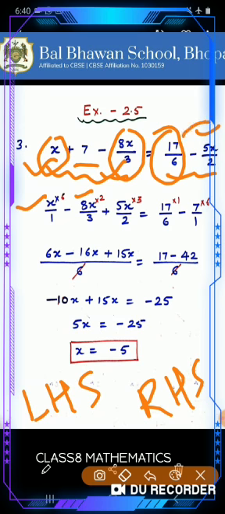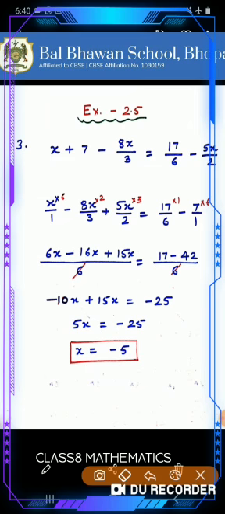And the variable term on the right hand side will be transposed to the left hand side. But as you know, if any term is subtracted on the right hand side, when it is transposed to the left hand side, it will be added.